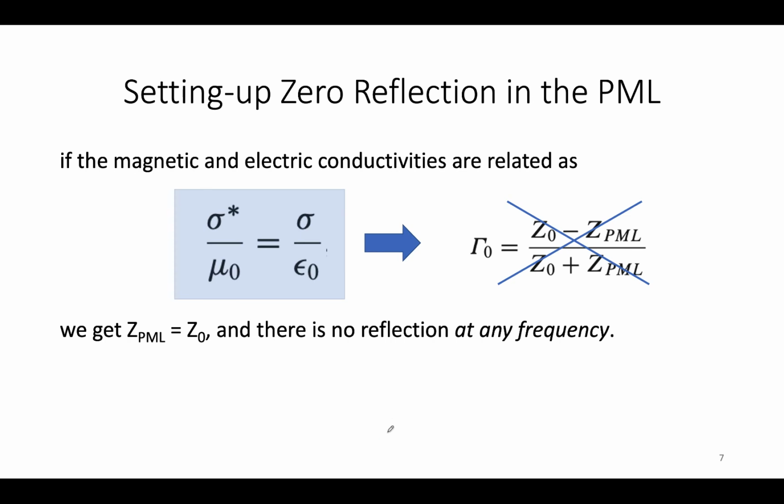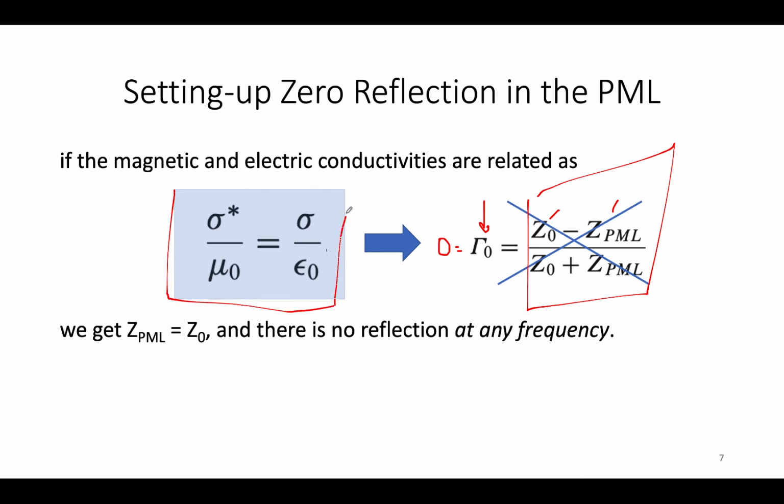By going back to this equation here, as I told you, we want this reflection coefficient equal to 0. We know how these terms are built, so we can rearrange this formula and find when it is equal to 0, and we will find the formula here on the left.